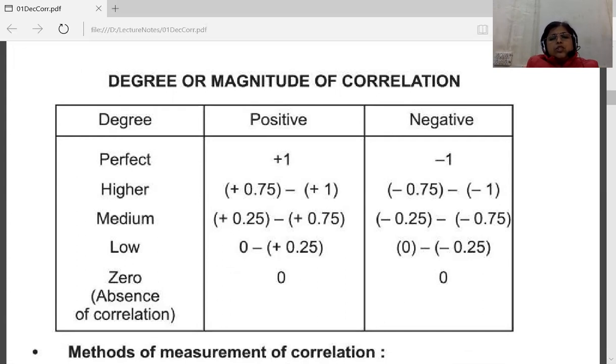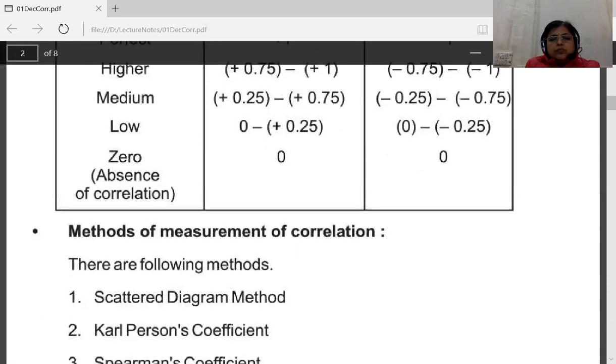The sign of the correlation coefficient can be plus or minus, but the absolute value should be between 0.25 and 0.75. Then that is called medium correlation. And if it is between 0 and 0.25, it is known as low correlation. And if there is no correlation, the correlation coefficient will come out to be 0.